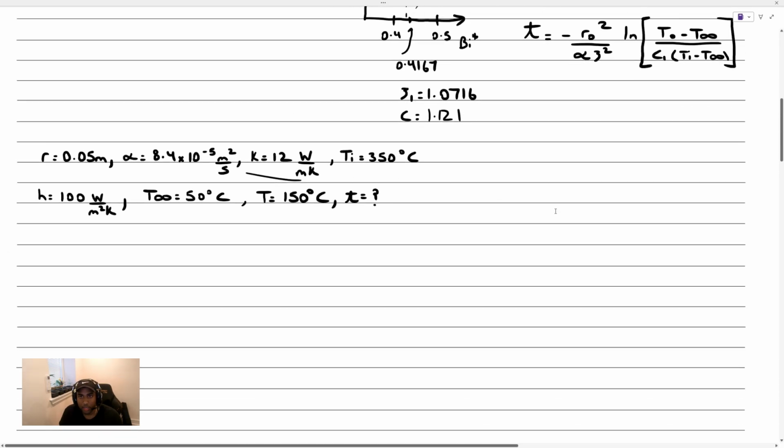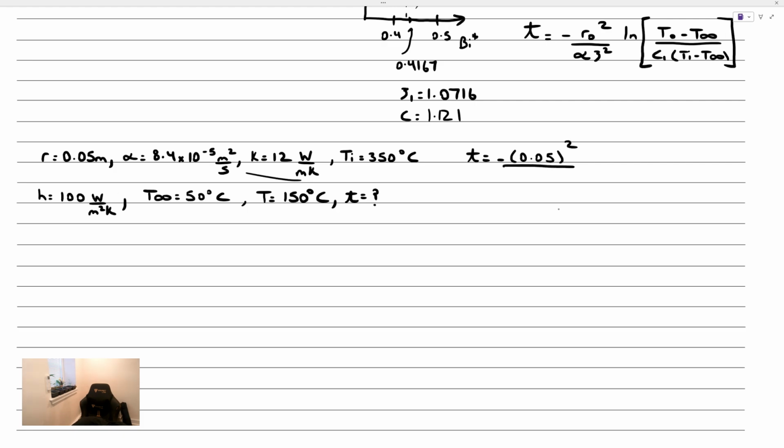Okay. The first thing is, let's go ahead and plug in the time. The negative r naught is 0.05 squared divided by alpha. That was 8.4 times 10 to the minus 5. We have a zeta value that's 1.0716 that we got from interpolating. The natural log of T naught. T naught is the temperature that the sensor is going to be at a certain time.